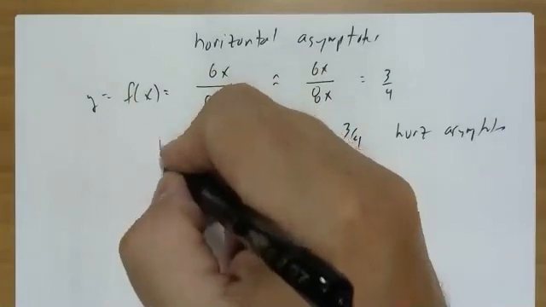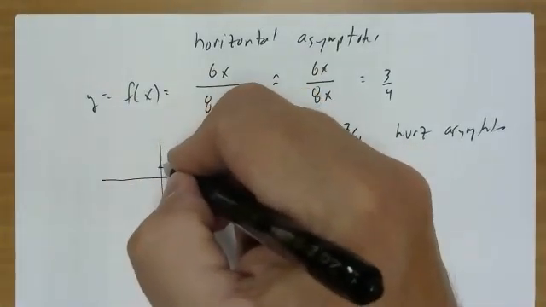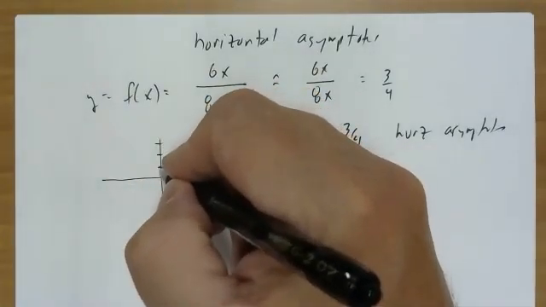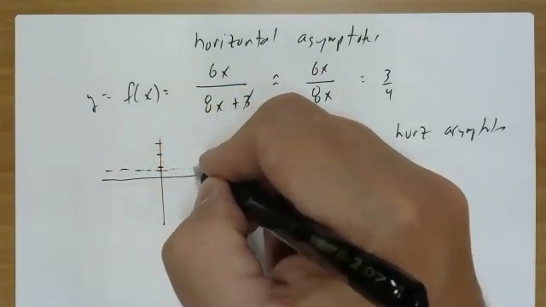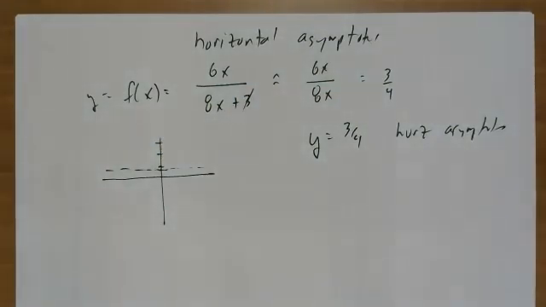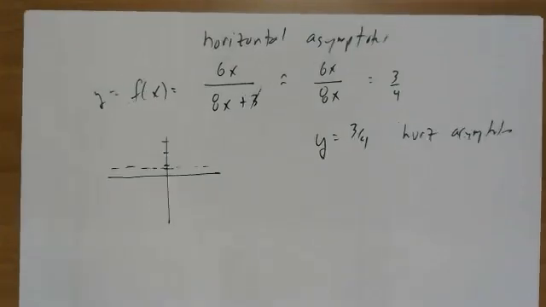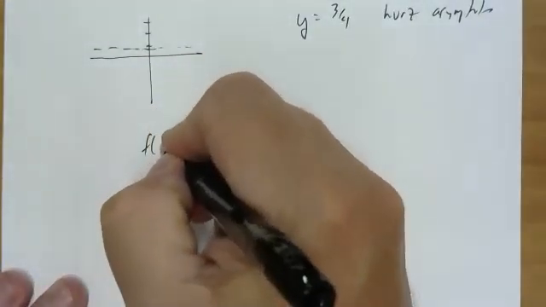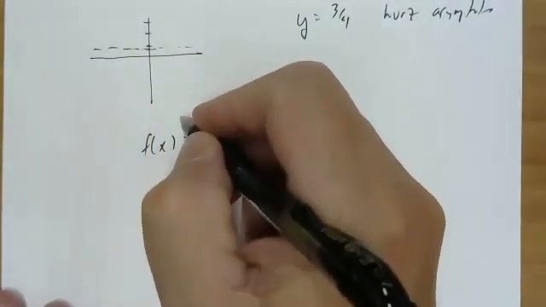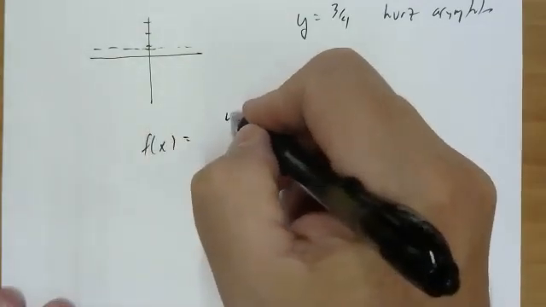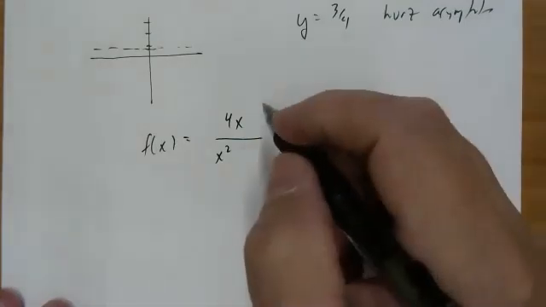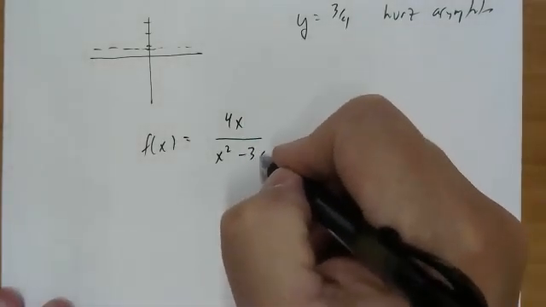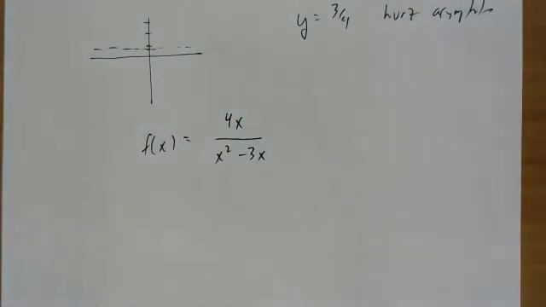So if I were to graph that, 1's here, 3/4 is maybe here. Have your graph. How about this one? 4x over x squared minus 3x. Reduce down to leading terms.